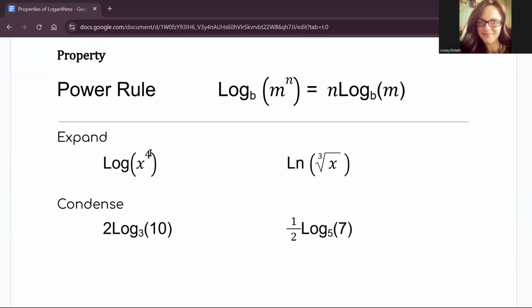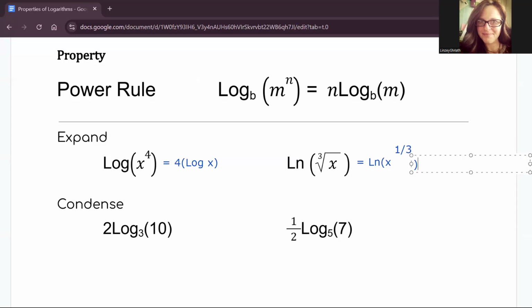Log of x to the 4th power, we can bring down the power of 4 as a coefficient outside and then do log of x. And then natural log of the cube root of x, we can rewrite this as the natural log of x raised to the 1/3 power.